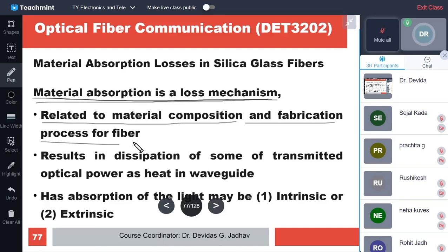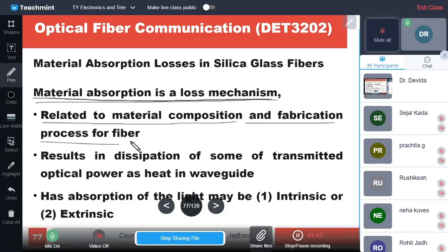So depending on which fabrication process of the fiber is used, that also has the material absorption loss mechanism. So it is related to material composition and fabrication process for the fiber.